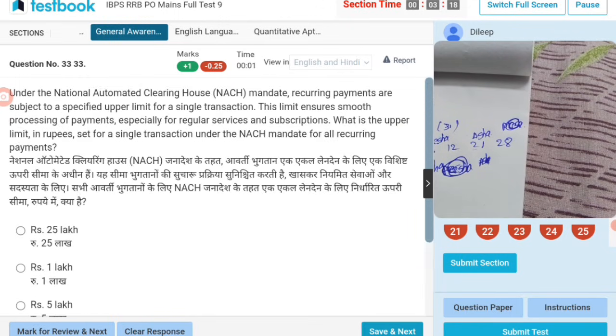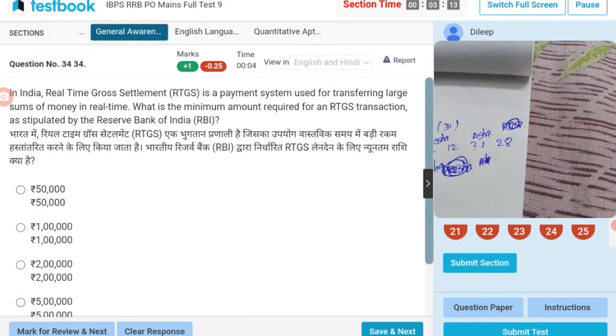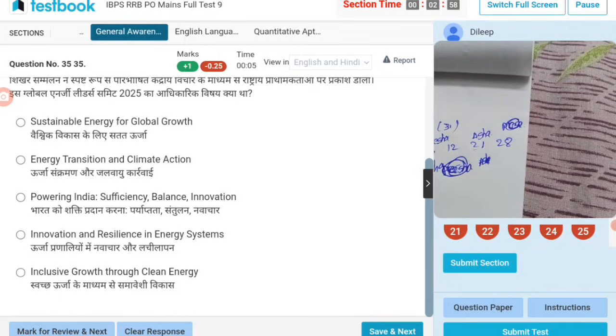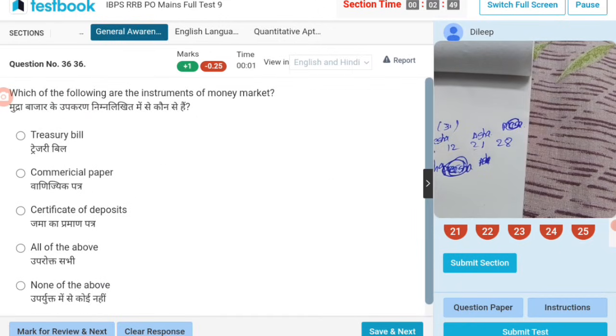I think Bharat Mandapam, Delhi. Money market.